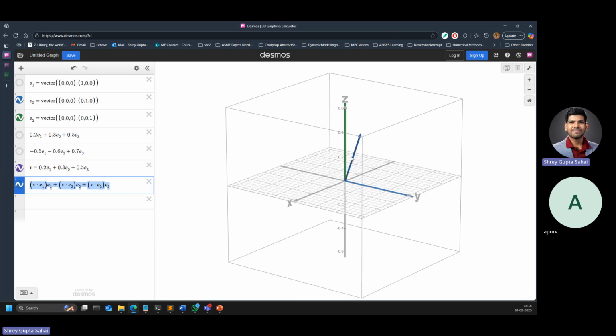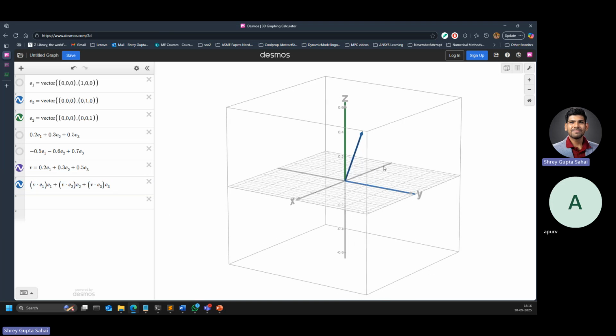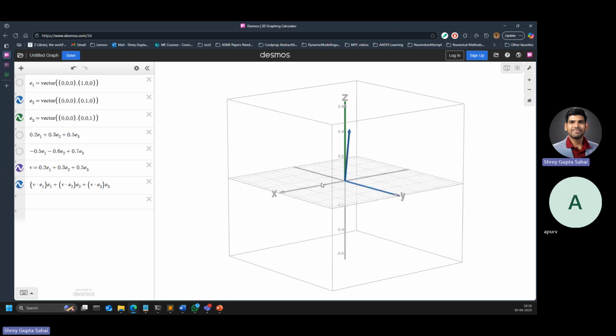So for example, let's create a pair of orthonormal tensors and see what the matrix or the tensor comes out, and let's see if it is a symmetric tensor. So let's just quickly do that.